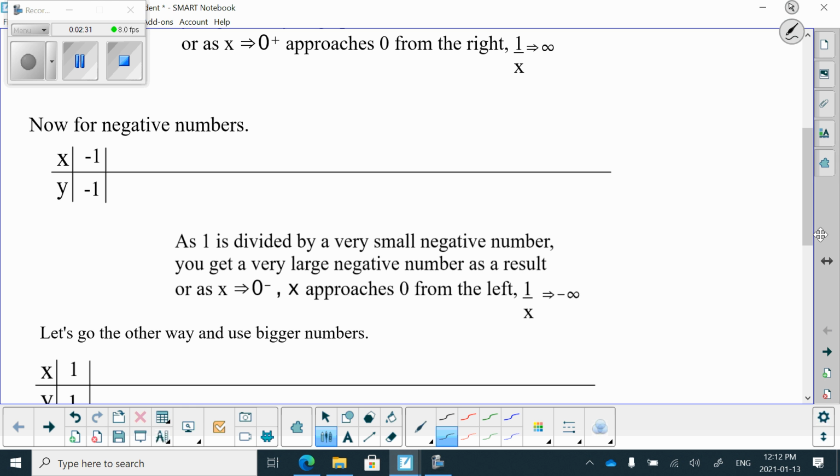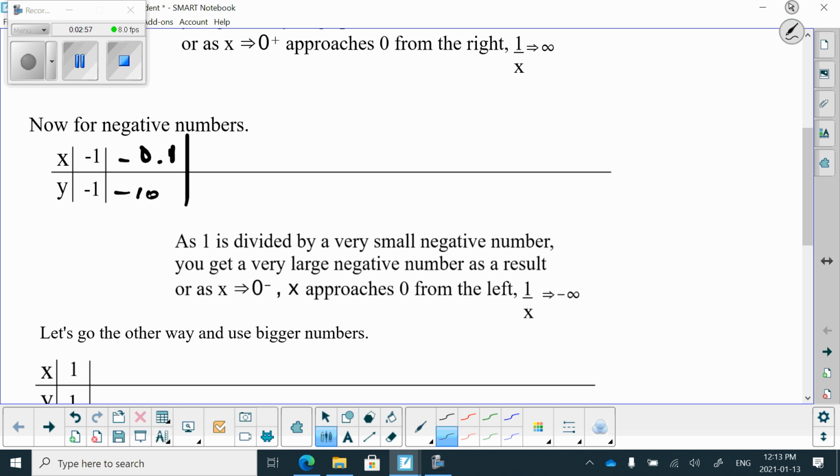So let's do the same thing for a negative number. I want to do now a negative 0.1. What do we get for that? One divided by negative 0.1 is negative 10. Exactly.